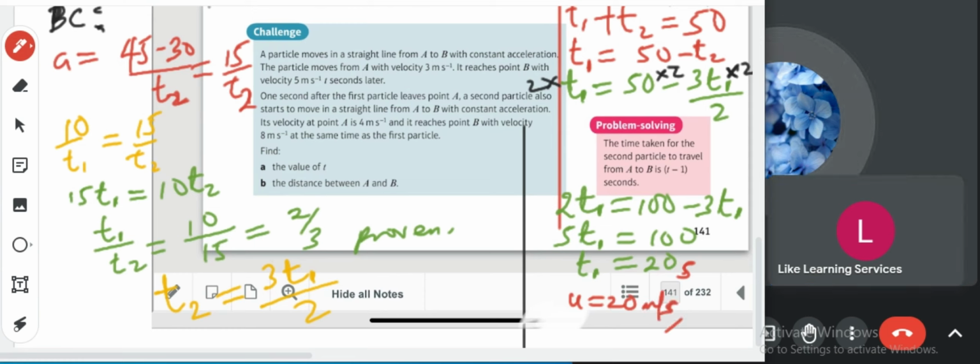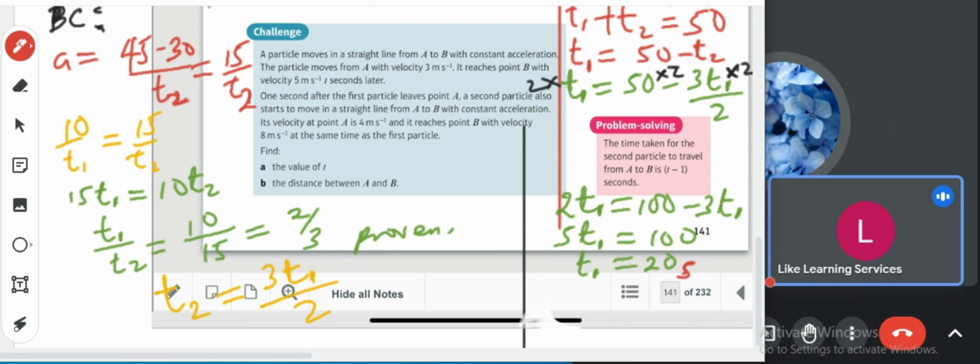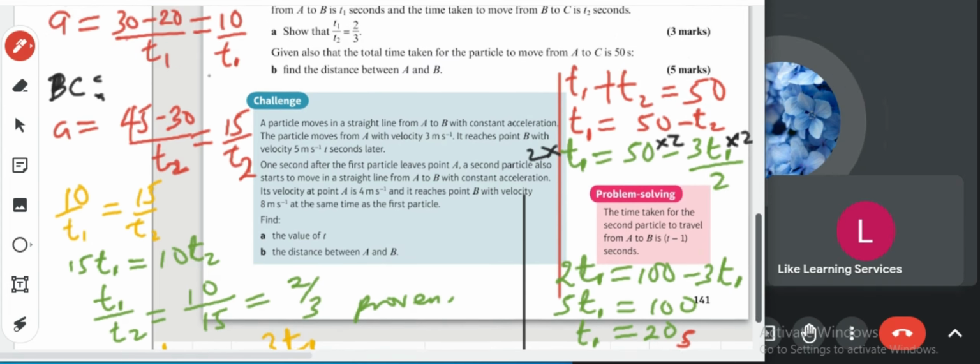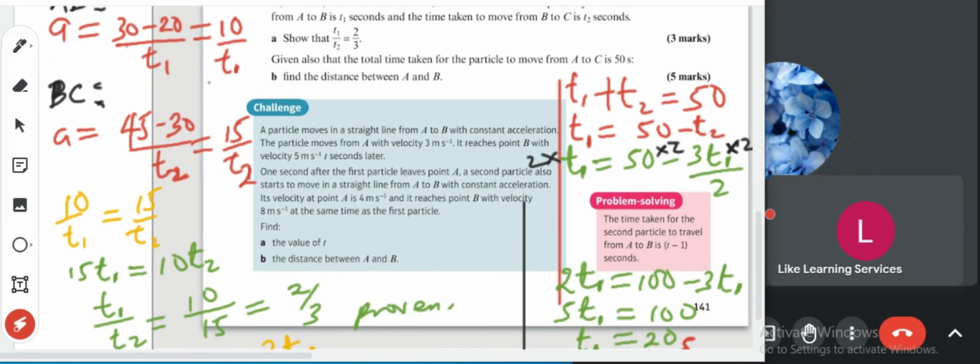If you knew the relationship between T1 and T2 was 2:3, why did you not just find T1 without all this process? Yes, it could have been done because the total of it is 50. We would have still gotten the same answer.